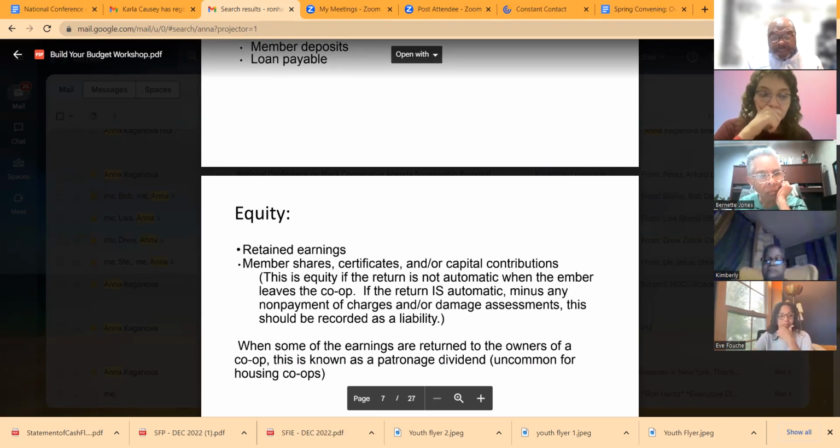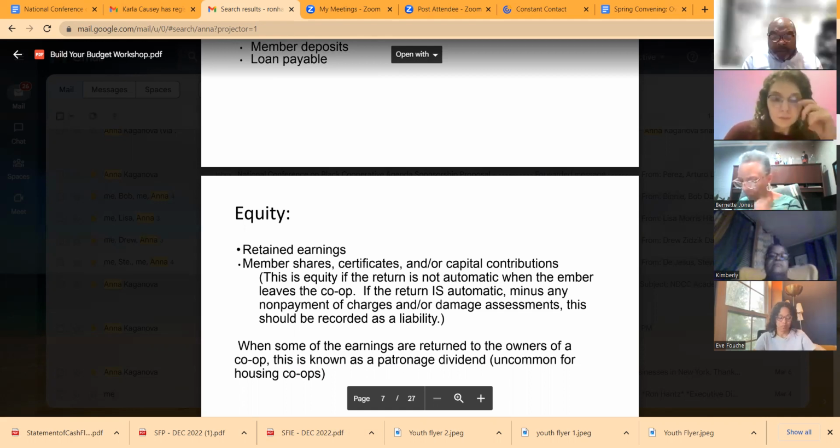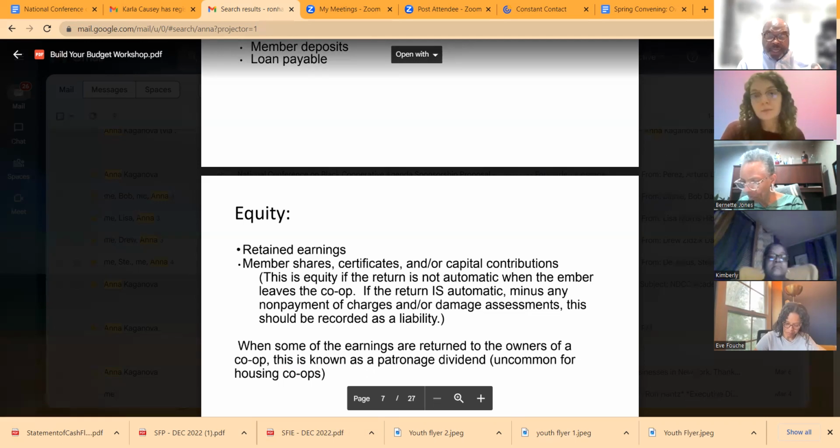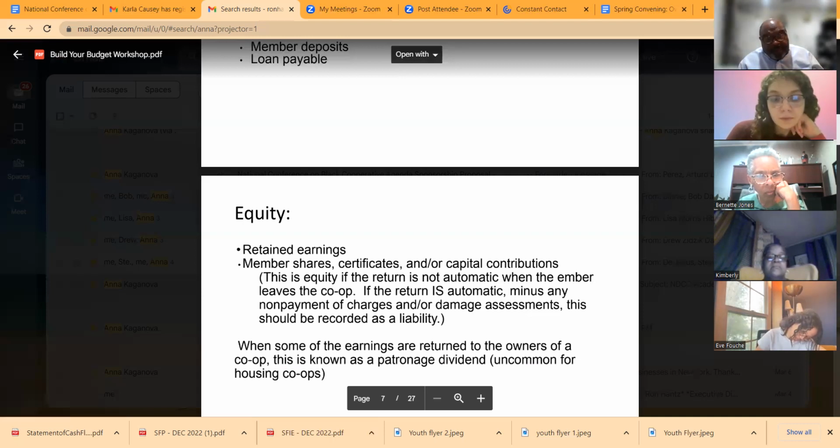So member shares and certificates are looked at as equity because they're building a return, but it's not automatic when the member leaves the co-op because they have to be assessed charges, and this could be recorded as a liability. So when you're paying out those share owners and members' shares have appreciated, then it becomes a liability.